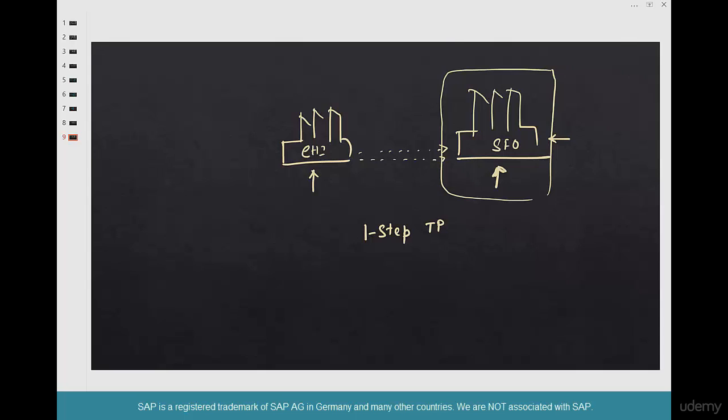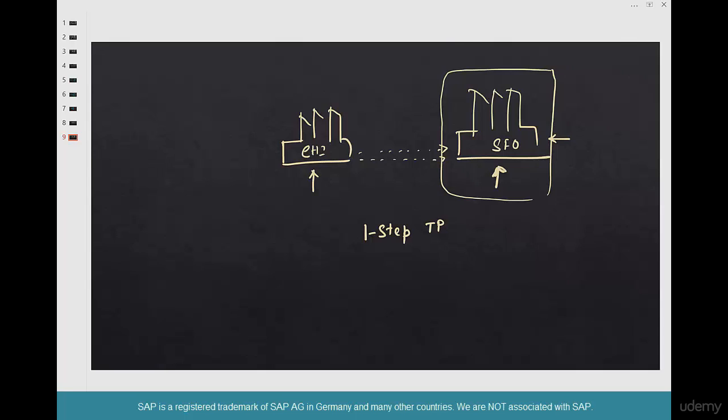For now, what we are going to do is a stock transfer using transfer posting. Are there other ways to do stock transfer? Yes. And we're going to see that in the next chapter.